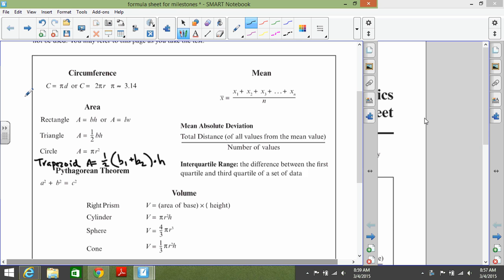The next formula we're going to put down is parallelogram. That formula is base times height.